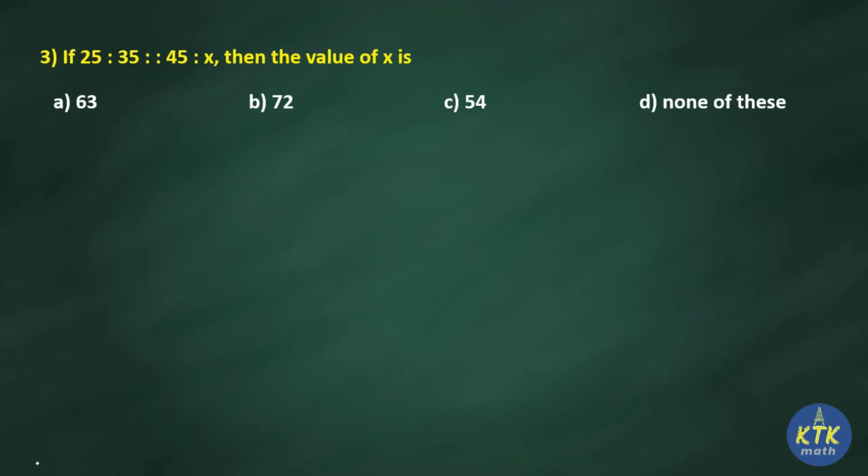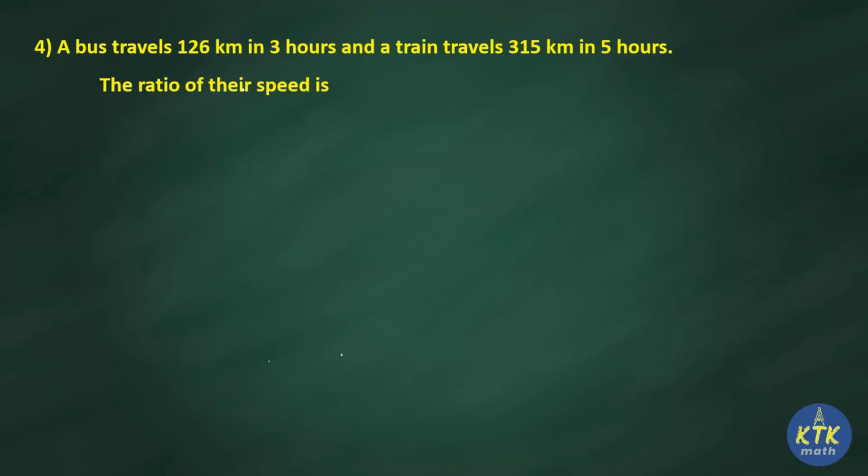We'll go to the fourth question now. A bus travels 126 km in 3 hours and a train travels 315 km in 5 hours. Find the ratio of their speeds. Interesting question. They are asking about speed. We are comparing two vehicles, one is a bus, another one is a train. How to find speed?